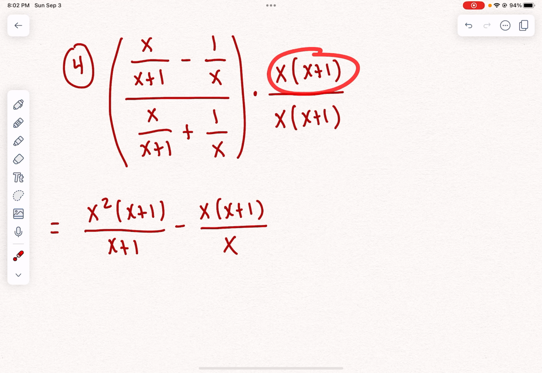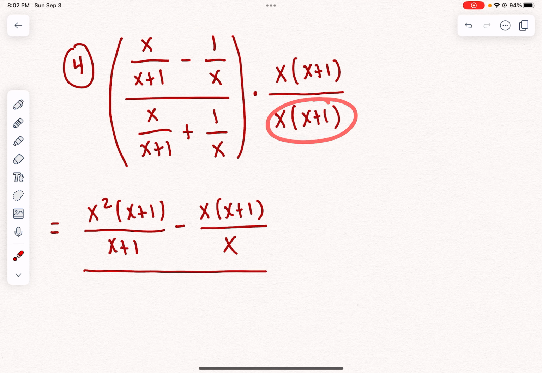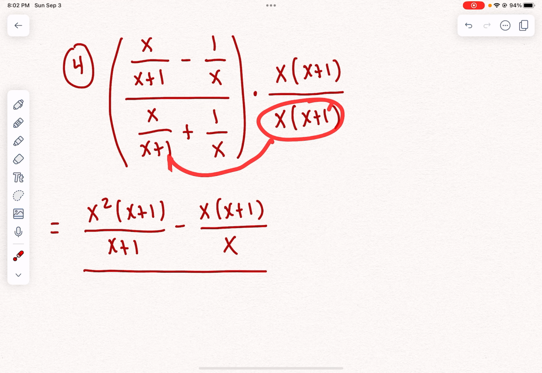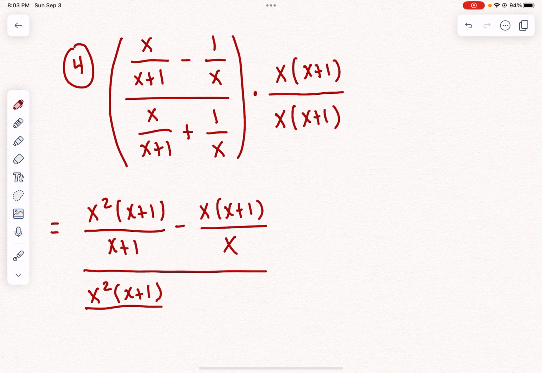That's just the numerator. And we're going to have all of this over this. Distribute that into each one: x squared times x plus 1 over x plus 1 plus x times x plus 1 over x.